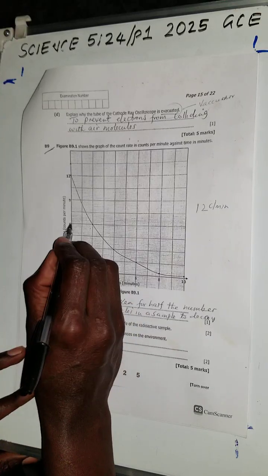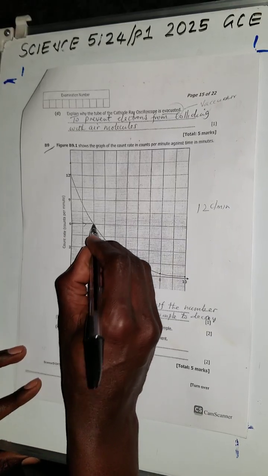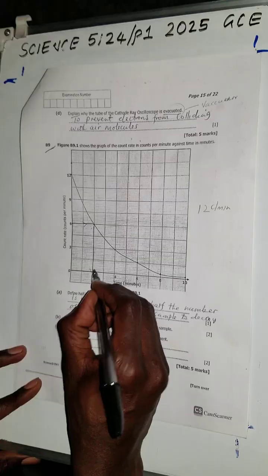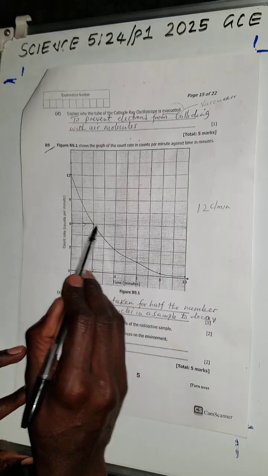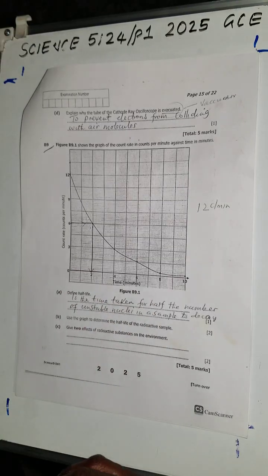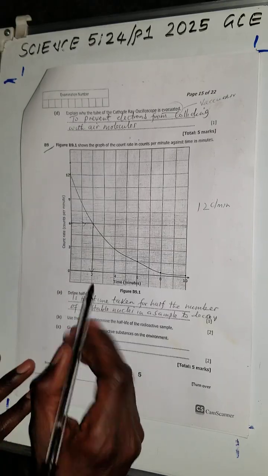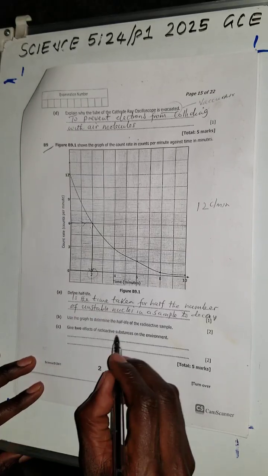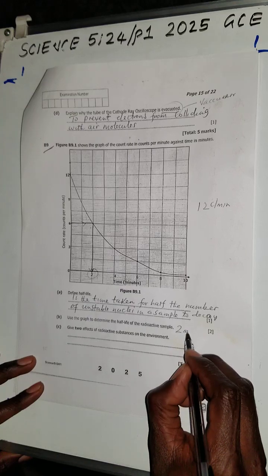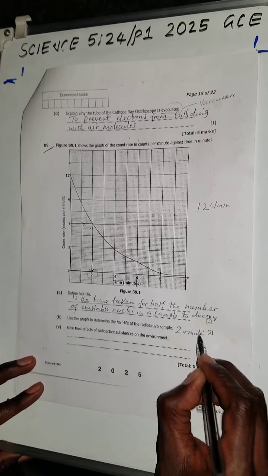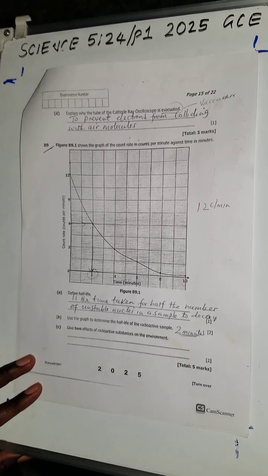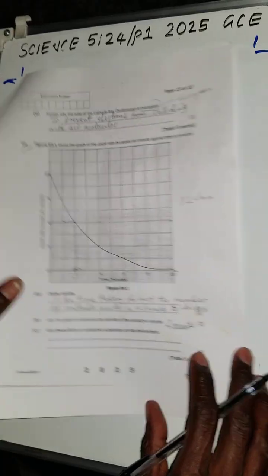So go to 6 and look at the time where it is cutting the graph at 6, because it's the time taken to reduce to half. So when you reduce to half, 6, what's the time? If I look at this one, it is simply 2 minutes. So from the graph, that is actually 2 minutes. They wanted you to use your graph to determine that.